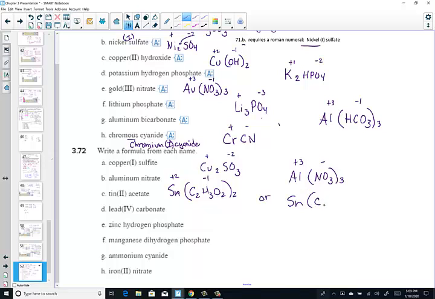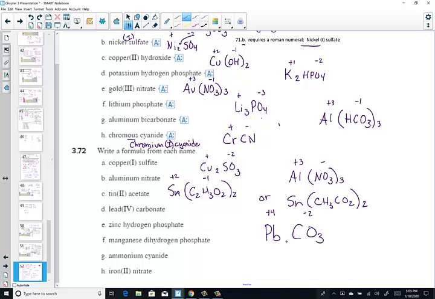It is absolutely all right to see acetate written as this as well. So I'll show them both ways. Sn(CH3CO2) taken twice. Lead 4, lead with a +4, carbonate with a -2.